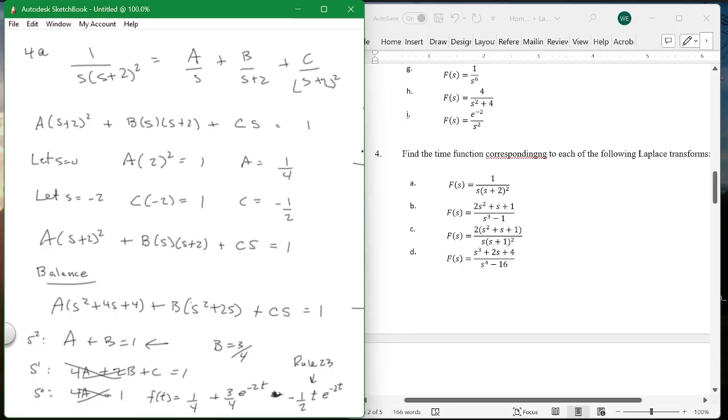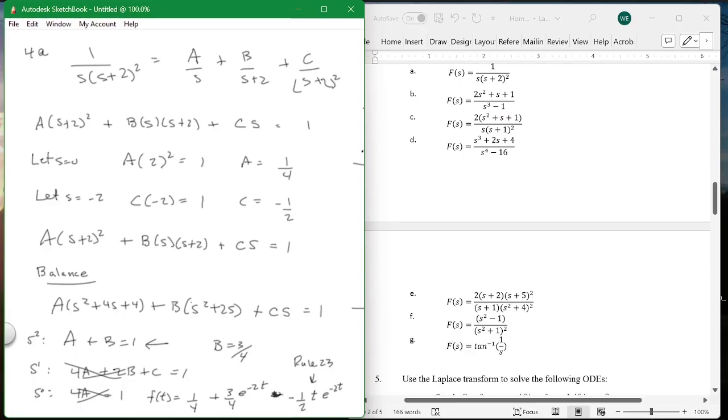Okay, let's see if we got another one down here someplace. But this is, oh yeah, as they say, they get worse. Okay? They get worse.